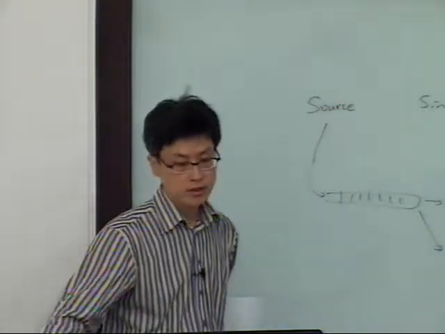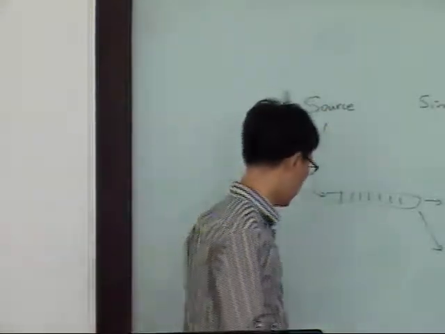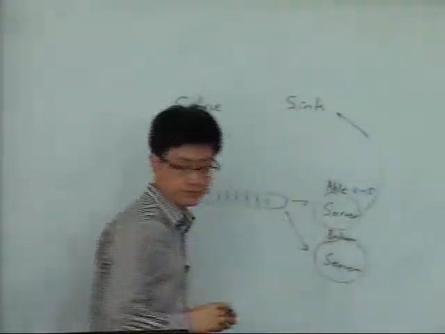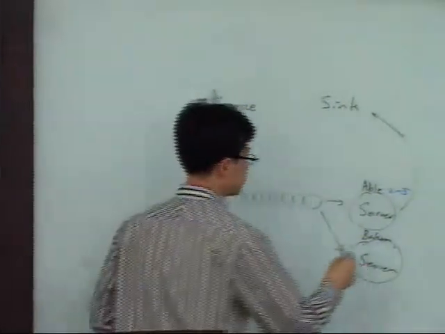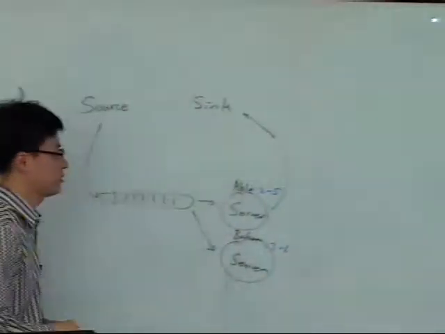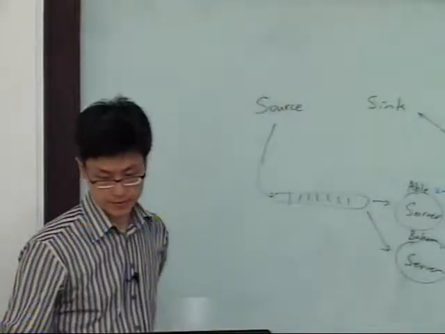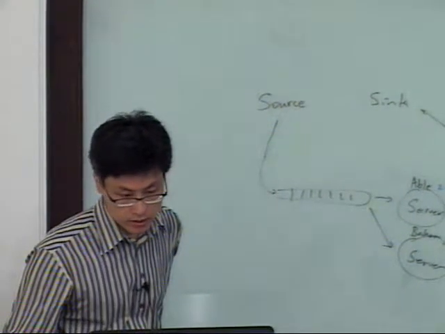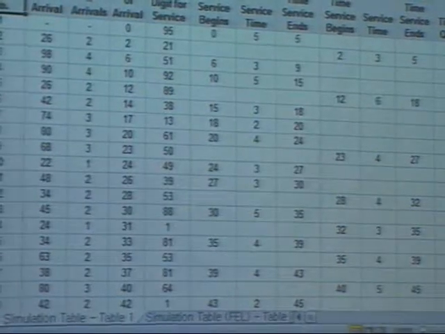Okay, let's go back. 2 to 4, 5. Baker is 3 to 6. Okay, it has a different service time distribution. Okay, let's go back to the numbers. This is the simulation.